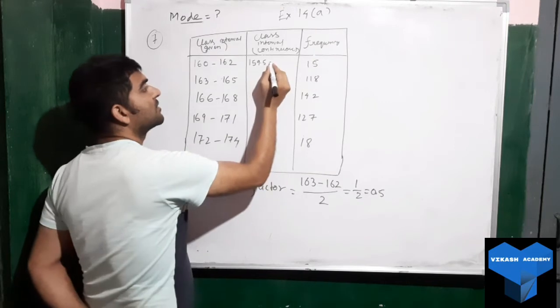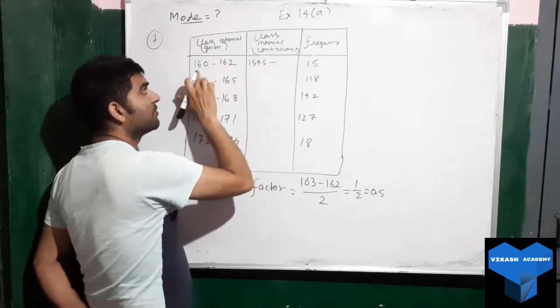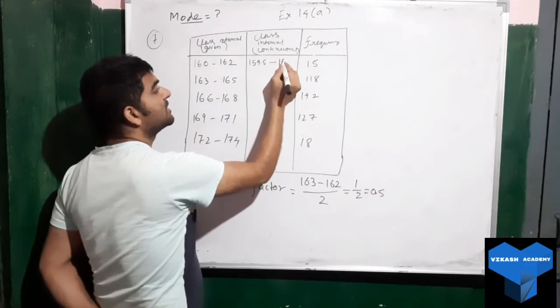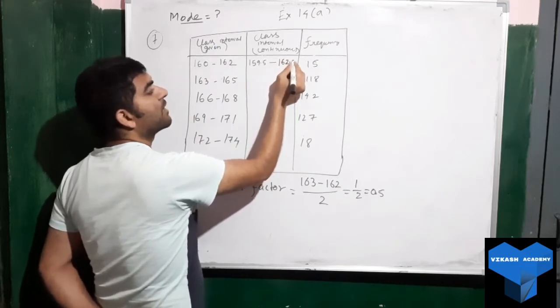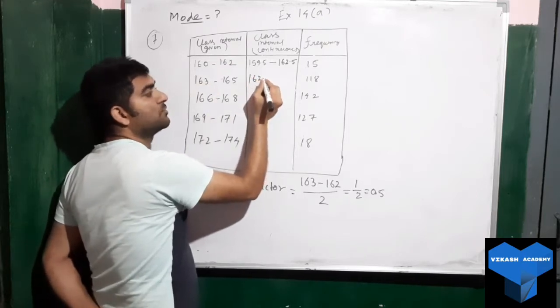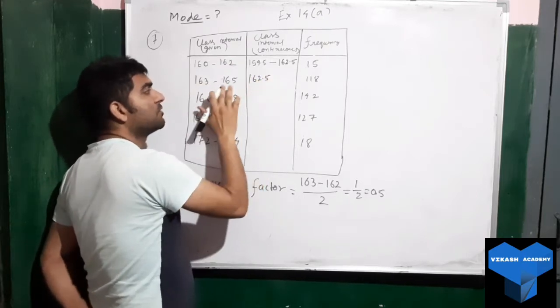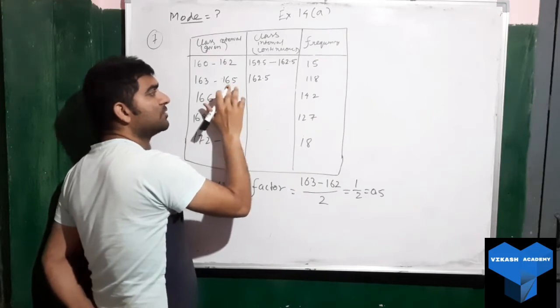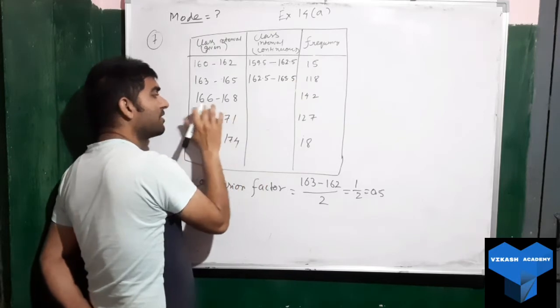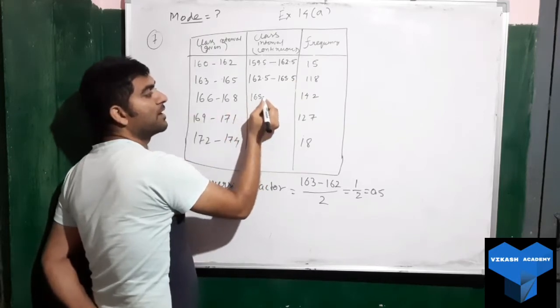Next, for 162, we add 0.5 and you will get 162.5. Next, subtract from 163 and you will get 162.5. Subtract 0.5 from 166, add 0.5 to 165, and you will get 165.5.